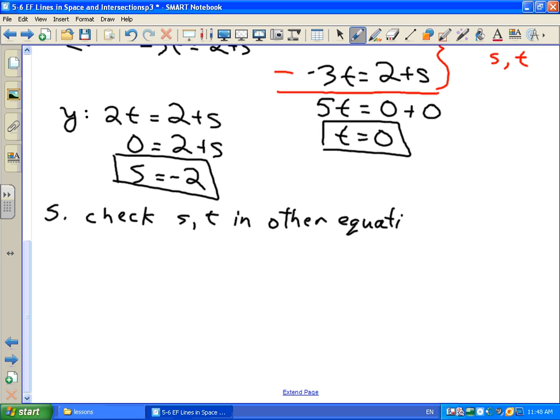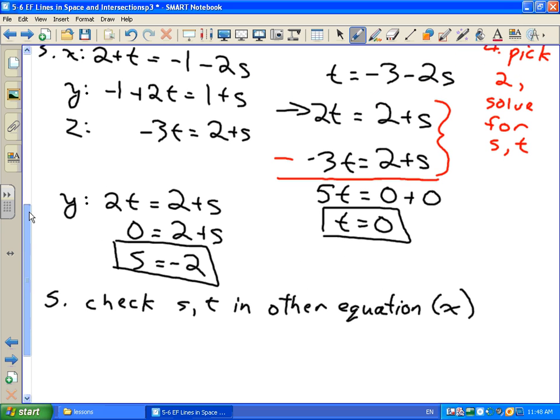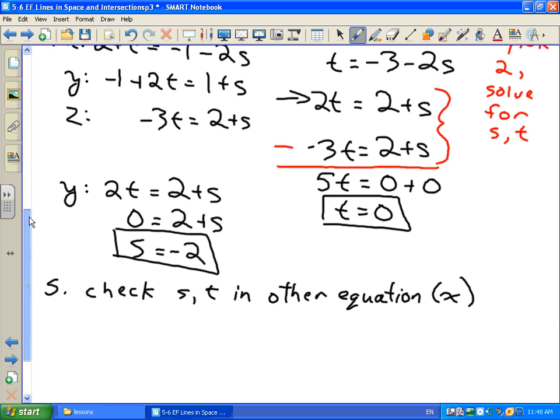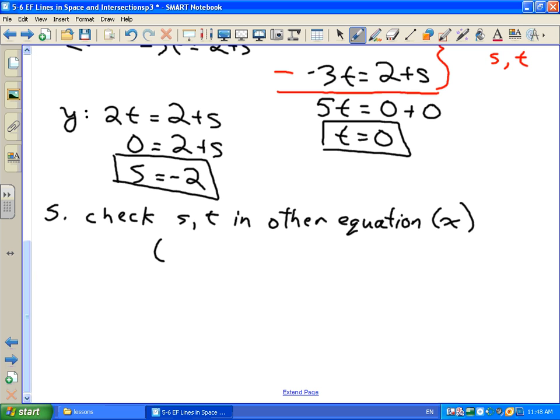And in this case, it was our equation that came from our two x components. So that was t equals negative 3 minus 2s. And let's sub in here. We got t equals 0. Sorry, that should be an s there.